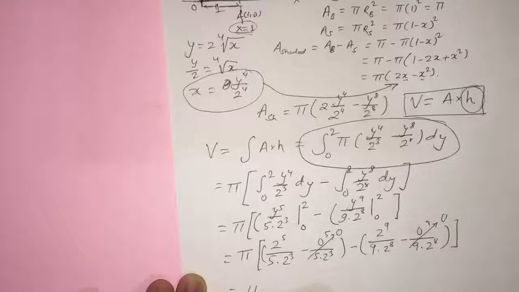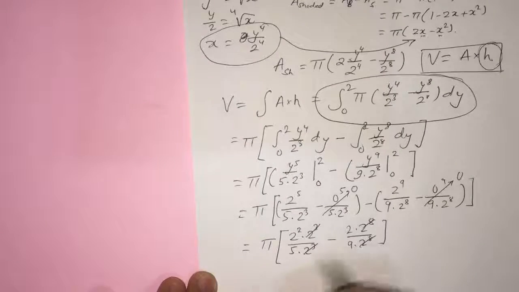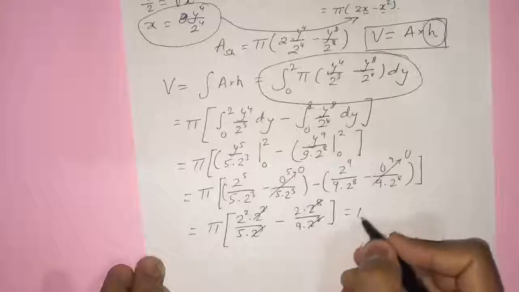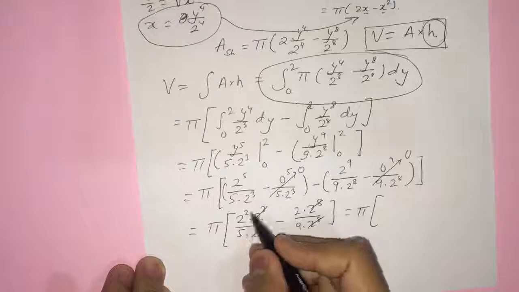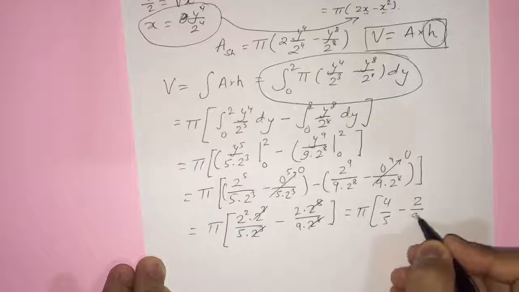So what we have here, you can simplify. 2 raised to 5 is 2 squared times 2 cubed, right? So 2 squared over 5, minus 2 raised to 9 is 2 times 2 raised to 8, so 2 over 9. I did this just to match the denominator. So what we have here is pi times (2 squared, which is 4, over 5, minus 2 over 9).